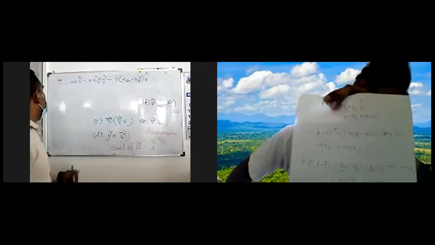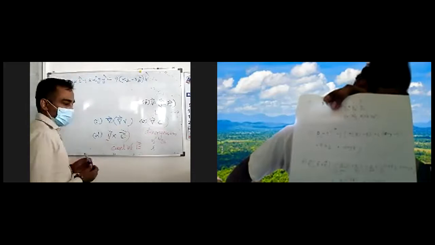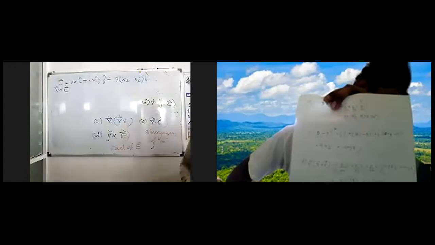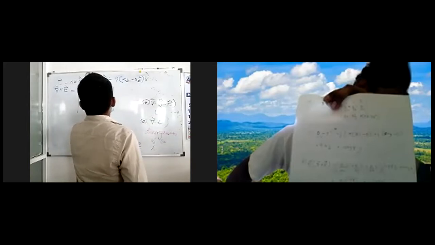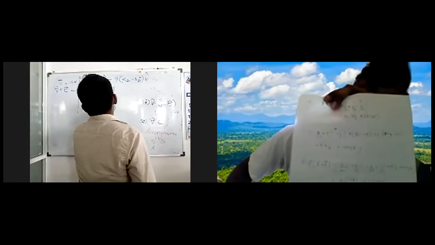If you need to get the curl of E, we use the determinant to get the indices: i, j, k, then del by del x, del by del y, del by del z.